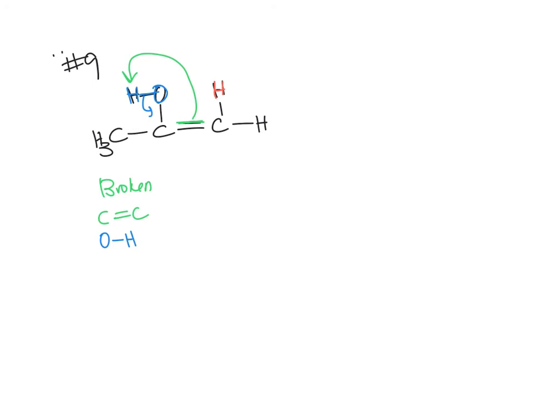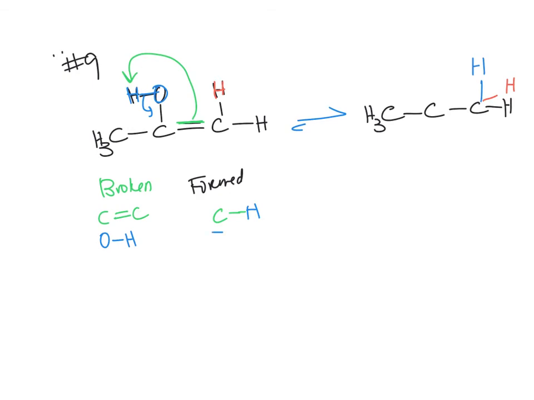And what bonds are being formed? You're forming a new carbon-hydrogen bond. So when we draw the enol tautomerization product, we now have a new carbon-hydrogen bond and a new carbon-oxygen double bond, the carbonyl, formed.